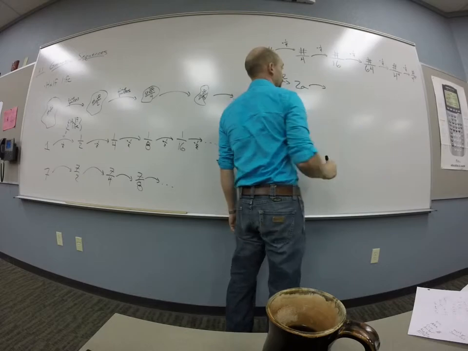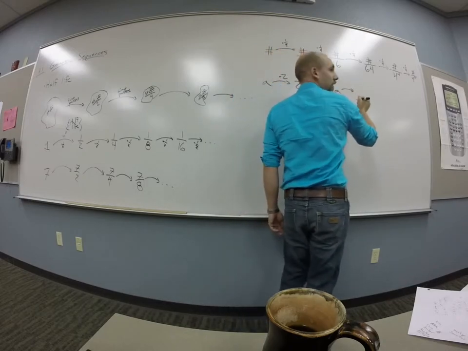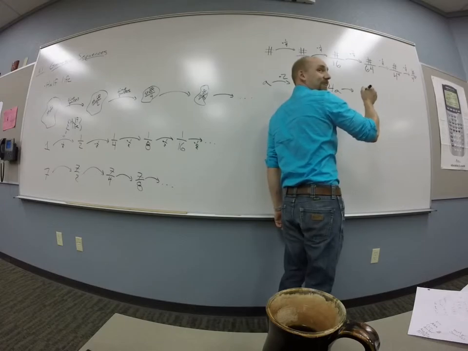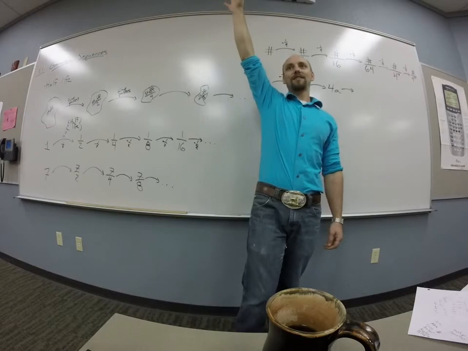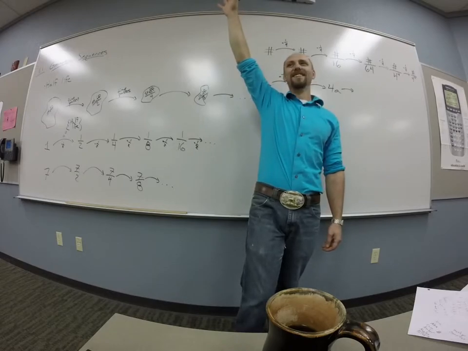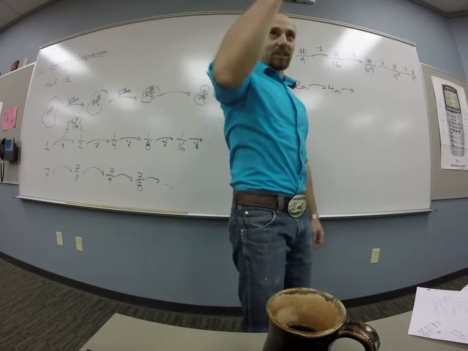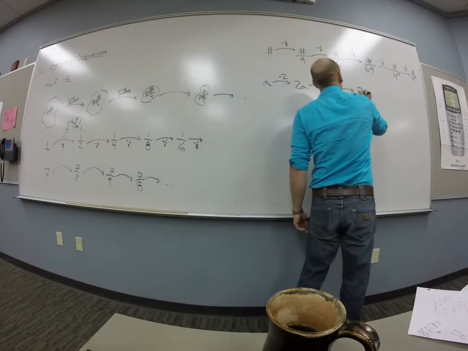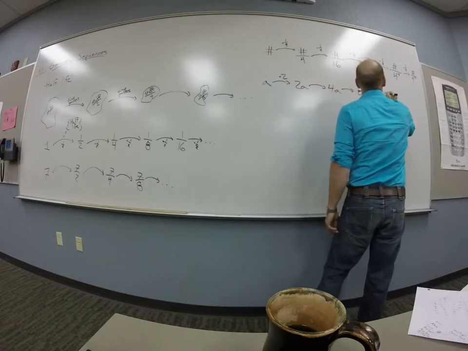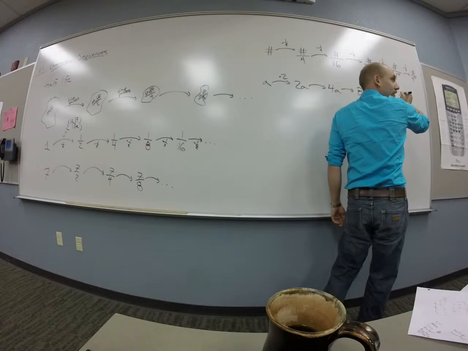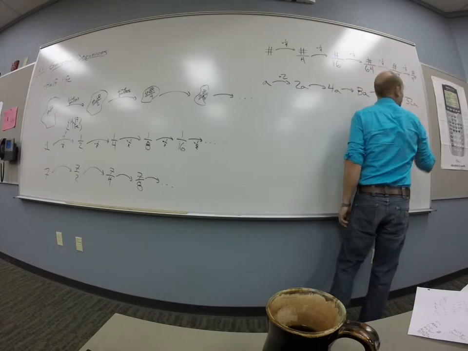Then what do I do? 4A. Then I get, is it 6 or 8? 8. Show of hands first. 8? Show of hands for 6? Nobody? Because it's the 2 and the 4 and they multiply. Yeah, very nice. What's the next one? 16A. And then I get 32A.